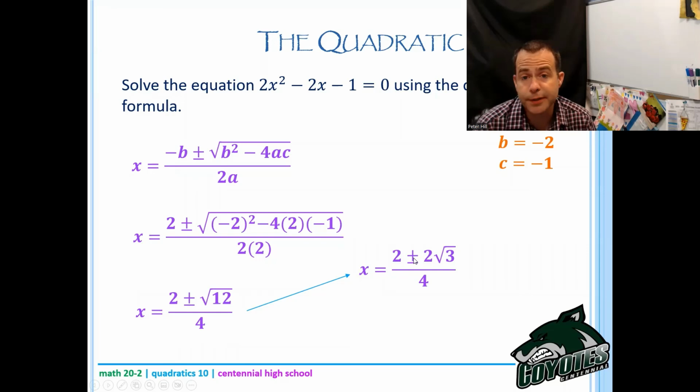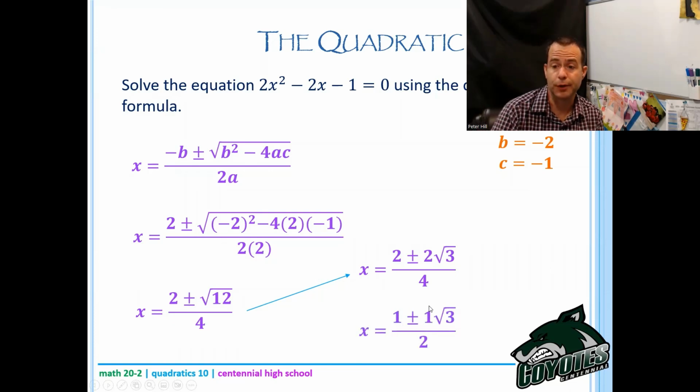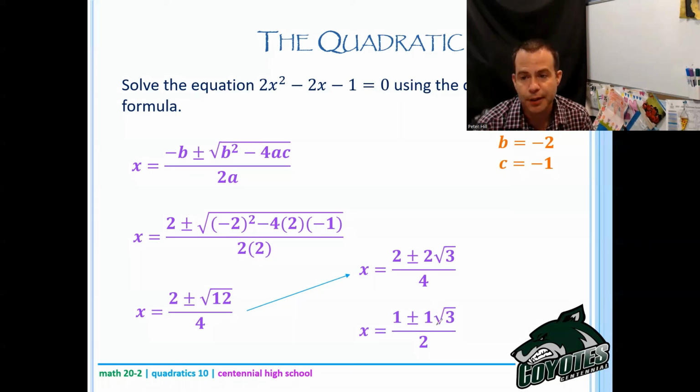Now, one more step on this guy, I can see that all of these are divisible by 2. So it's just like I can reduce the fraction that I see. Okay, so I'm going to change that to x equals 1 plus or minus 1 root 3 all over 2. Now, I don't actually need the 1 there. Okay, I did it just so that you could see what I was doing, but you can just call that root 3.